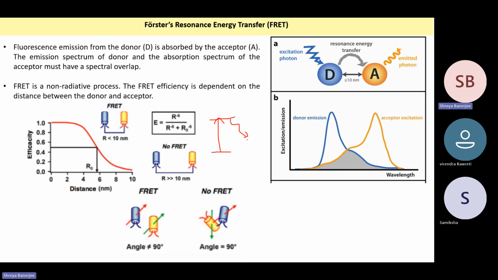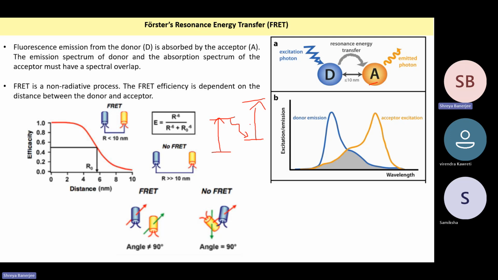Now, this emitted ray is getting absorbed by a second molecule, which is the acceptor molecule, and that is getting excited. So here there are two molecules. One is the donor. The donor is initially getting excited and the energy from the donor is getting transferred to the acceptor.